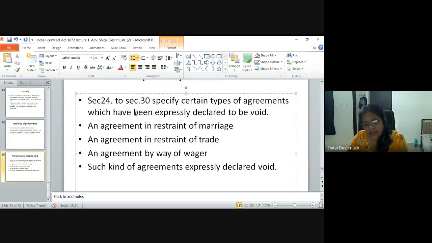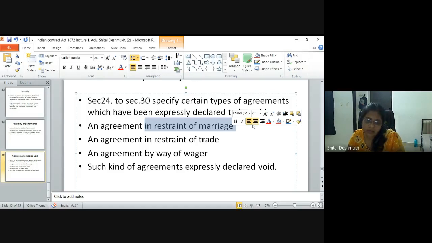If A made an agreement with B, saying please don't marry C, that agreement in respect of marriage is declared void.